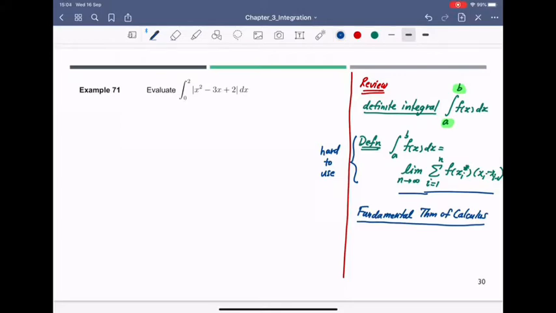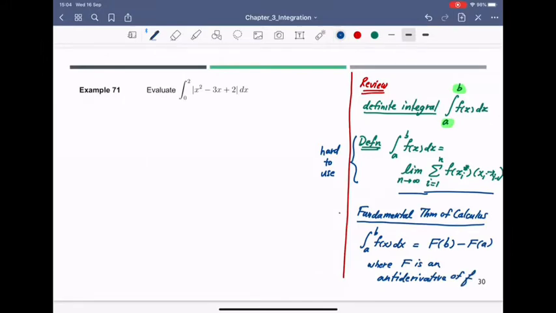You compute the integral from a to b of f(x) dx by finding the antiderivative capital F first, and then evaluating the antiderivative at b minus the antiderivative at a, where F is an antiderivative of f. This is the core idea that we did on Monday.